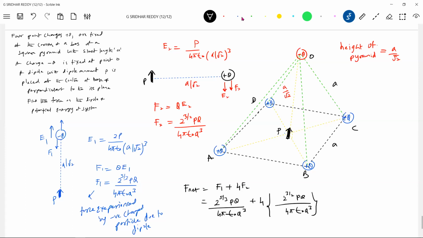This will be 2 square. 2 square again, this will all be 5 by 3 or 3 by 2 or 2 by 3? Cube root 3 by 2. I think 5 by 2 it is. Check once. This will be 5 by 2.